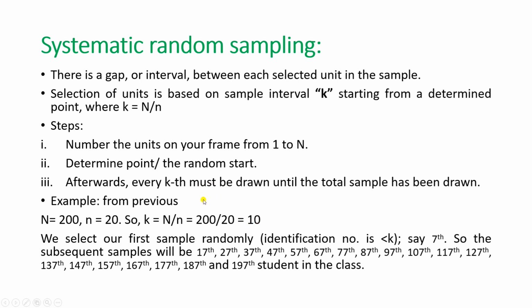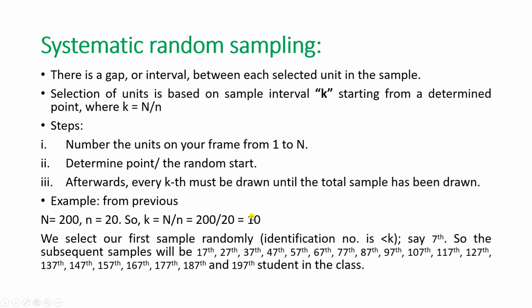So we make 10 different sheets, and we pick up any one individually and randomly. Say we have picked the 7th sheet, so roll number 7 will be my first sample.